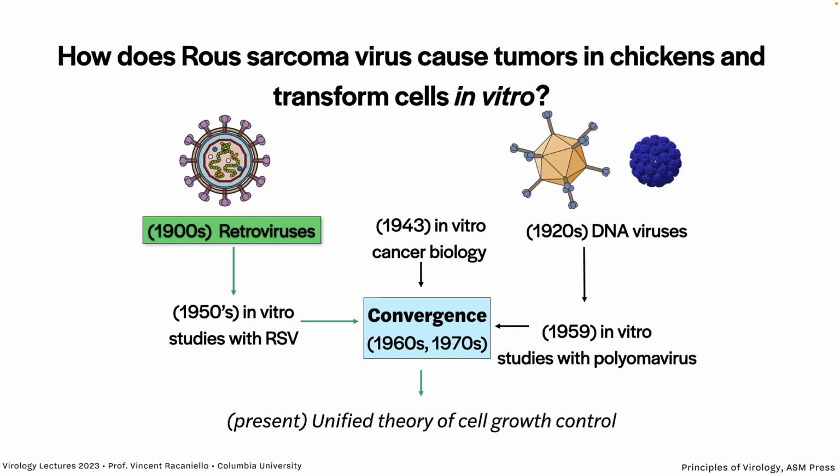So let's go back to the retroviruses, because Rous sarcoma virus was called initially an RNA tumor virus. And remember, reverse transcriptase was discovered in the early 70s in that virus, so they were then renamed retroviruses.